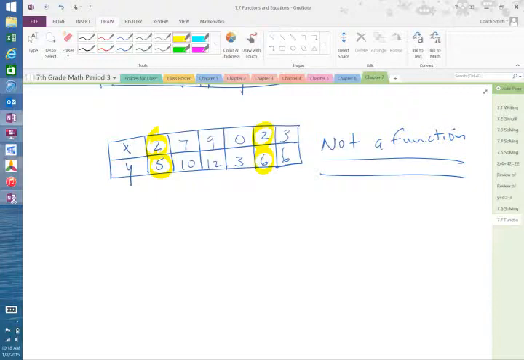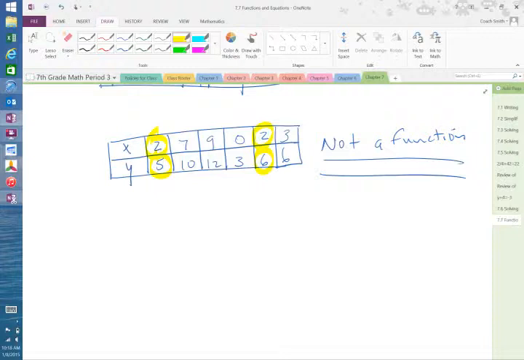It can't do both. A 2 can't be plugged into the table or the box and come out with a different output. Because a function rule holds that the same thing is happening to every single input for a function rule to be true. Yeah, Nick? So two of the same inputs have to have the same output.